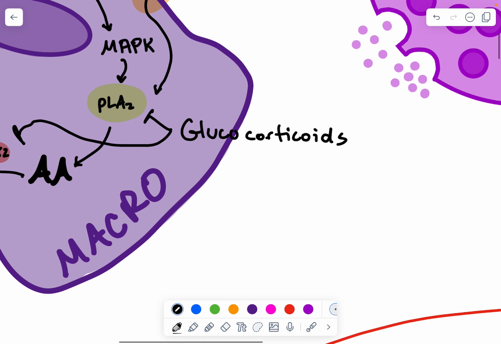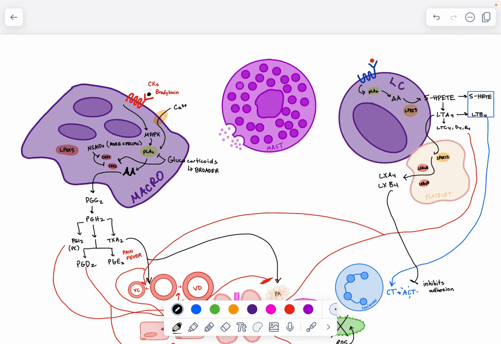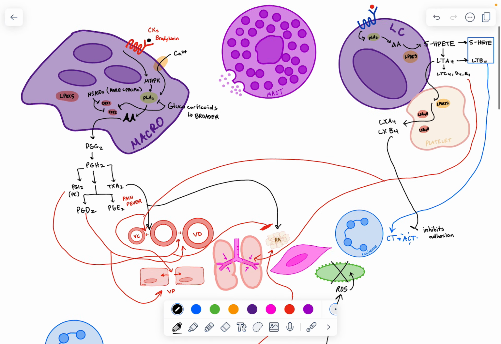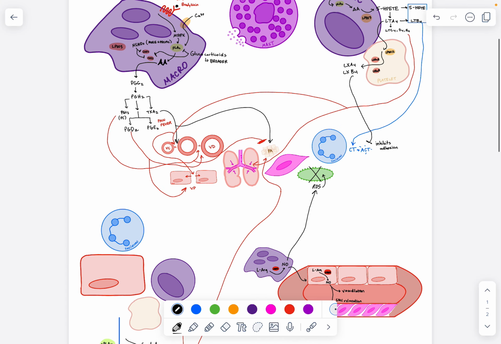What you should know is that glucocorticoids are broader acting, and the NSAIDs are a bit more specific. So those are two drugs that were mentioned that play into this pathway. They also have effects on some of the enzymes in the other pathways, but I just wanted to point those out as a little aside to the main impact of the pathway.